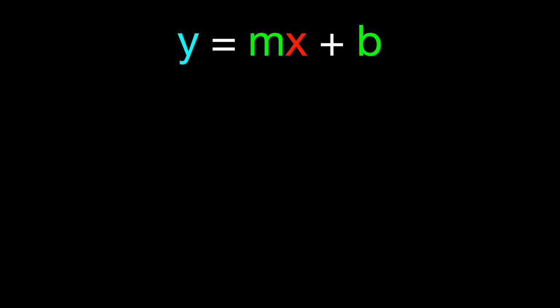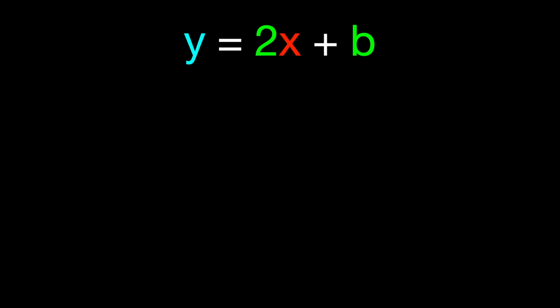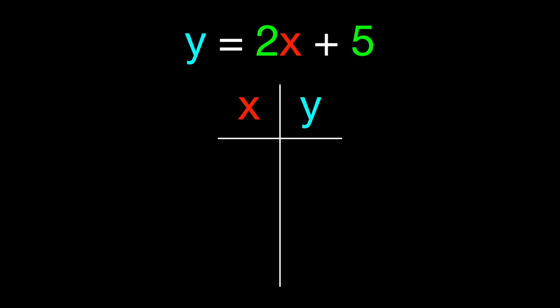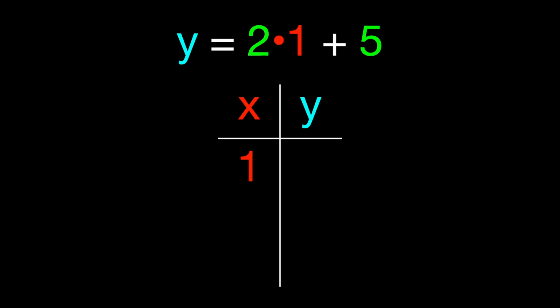For example, if m was equal to 2, and b was equal to 5, then we could figure out the output y for any input x. If x was equal to 1, then y would be equal to 2 times 1 plus 5, 7.